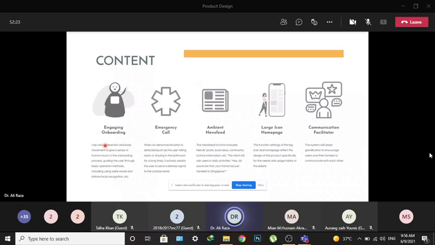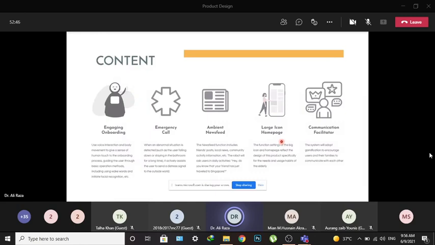These parameters are indicating those aspects. We need to focus on engaging onboarding. We need to have the emergency scenarios handled. We need to address the news feed because elderly people are more inclined towards getting to know what is happening around them, from the social side all the way to the political side.